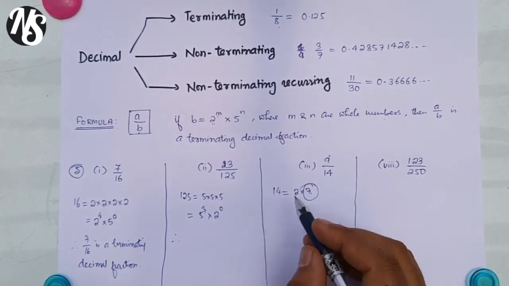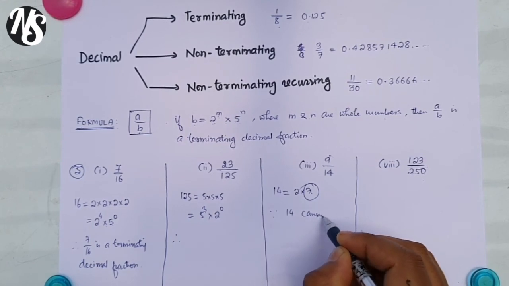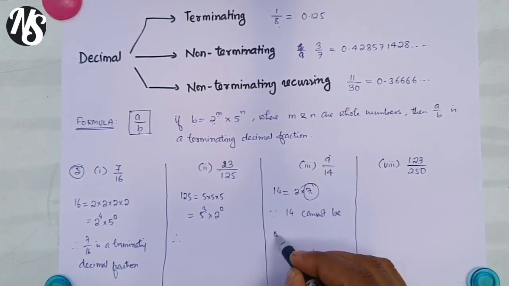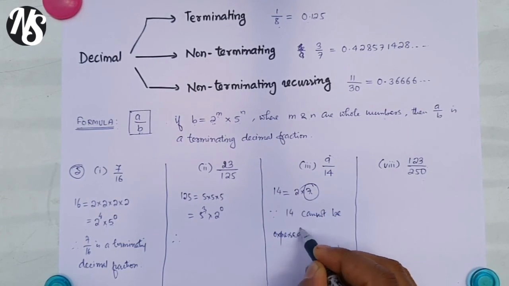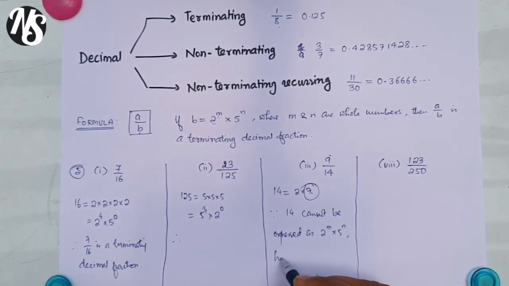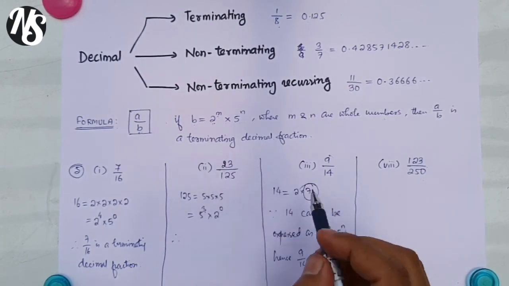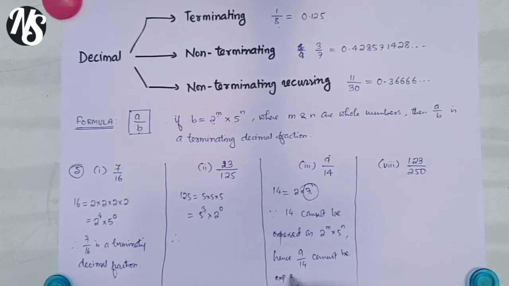So let's write: 14 cannot be expressed as 2 to the power m into 5 to the power n, hence 9 by 14 cannot be expressed as a terminating decimal fraction. That's what we need to write.